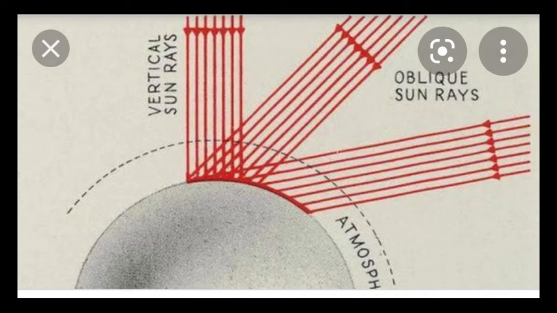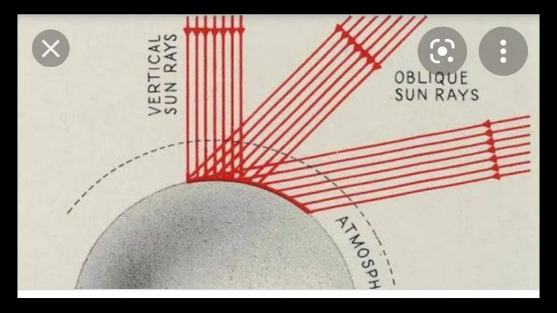Clear? We have to understand this difference, because the vertical rays always fall perpendicular on the earth's surface, or vertically on the earth's surface, but oblique sun rays fall in an oblique way on the earth's surface.